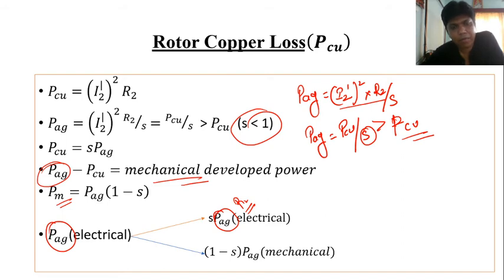But in the case of mechanical power, that type of power is obtained when we subtract the losses from the real power. So here, when we subtract the rotor copper losses from the air gap power, meaning real power, it will give the mechanical power. Right.